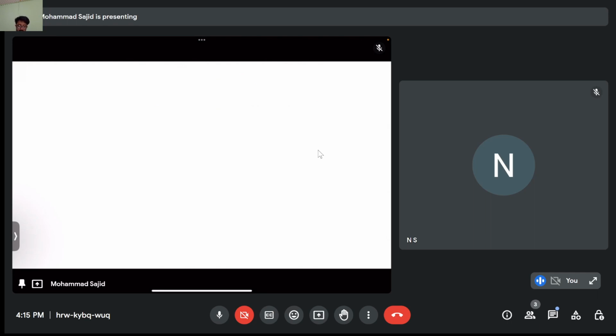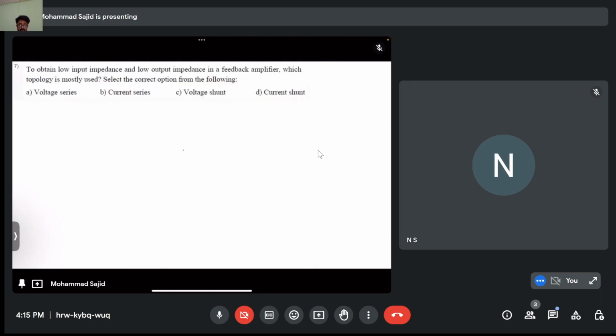Now I need you to answer a few questions. Now we want to obtain low input and low output impedance using the feedback amplifier. Which topology is mostly used? Can you tell me? So this is the question, you can look at the screen. What is the topology which we will use to get low input and output impedance?